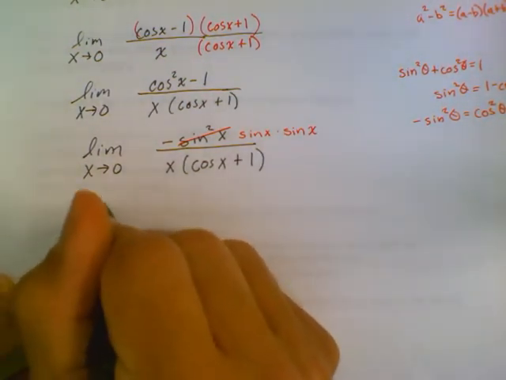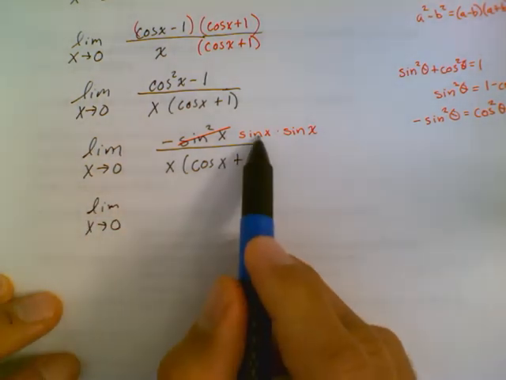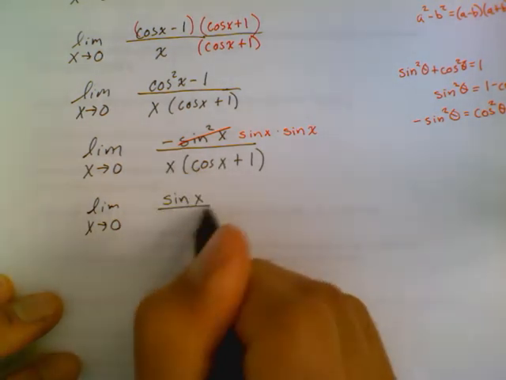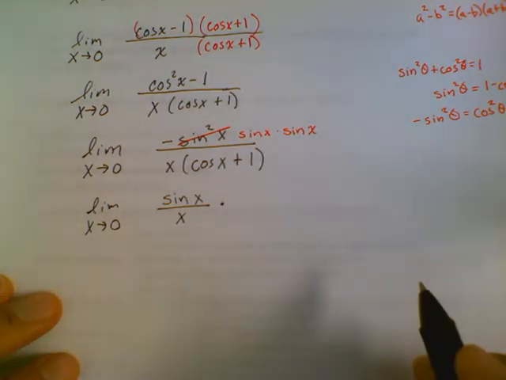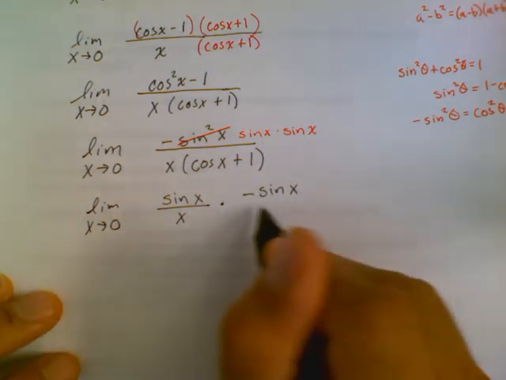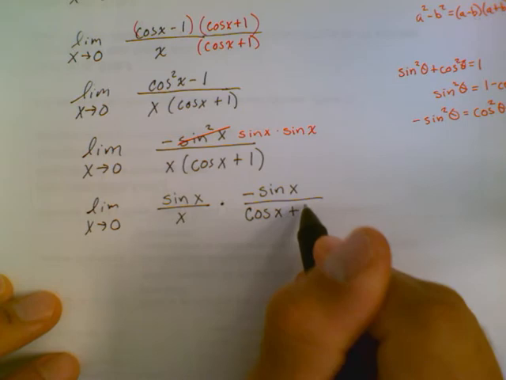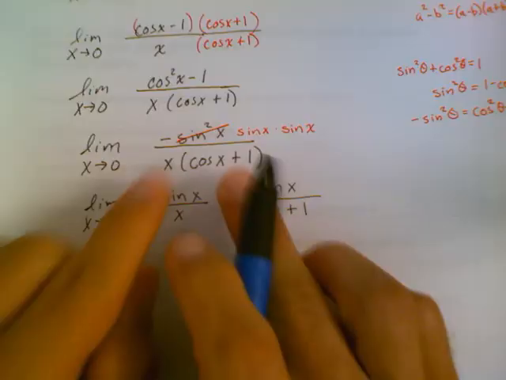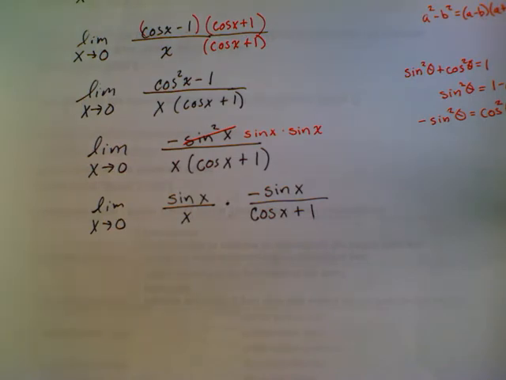Continuing our work, we get the limit as x approaches 0 of sine x over x times negative sine x over cosine x plus 1. I just wrote them as two different factors, with two fraction bars and a multiplication symbol between them.